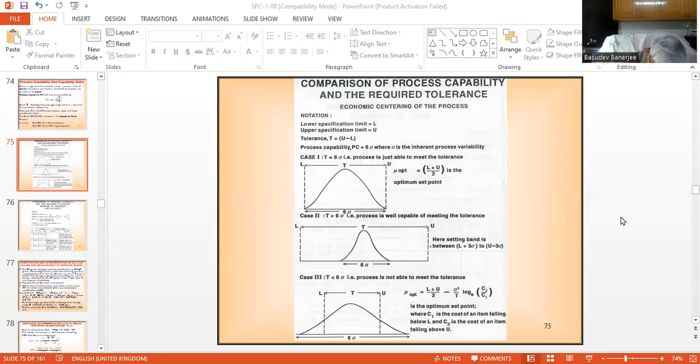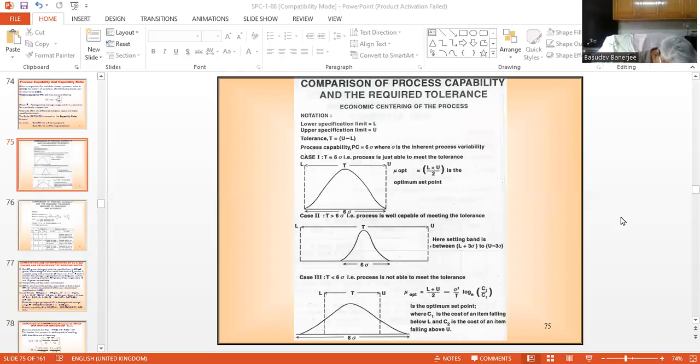That is the first thing. Overall average working level X double bar is 49.998 mm.